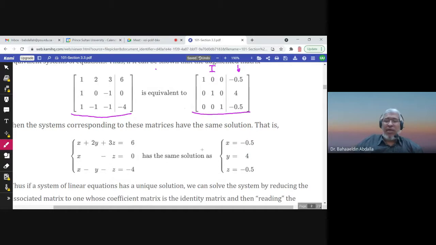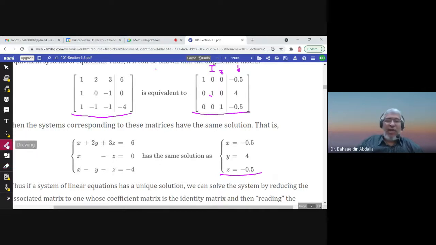And immediately now we can see that this is x here. So the coefficient of x is 1. So x is -0.5, and also y here is 4, and this is the coefficient of z. So 1 times z equals -0.5, and this would be the solution of the system.